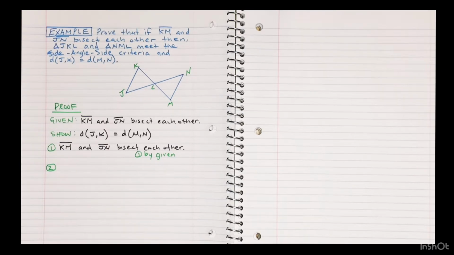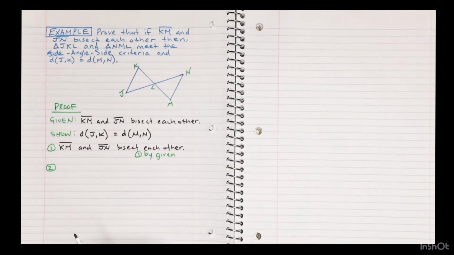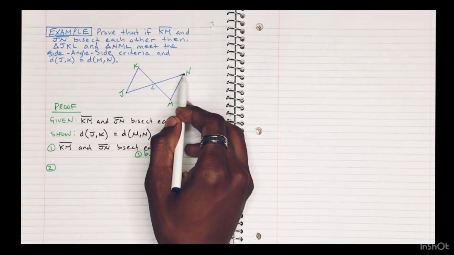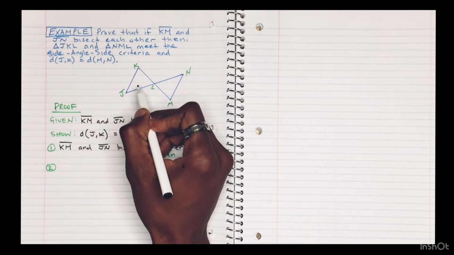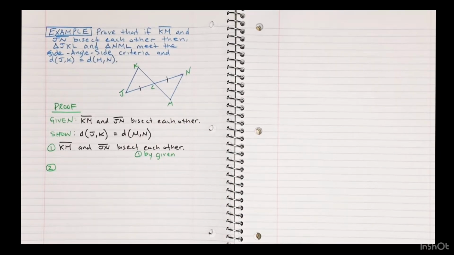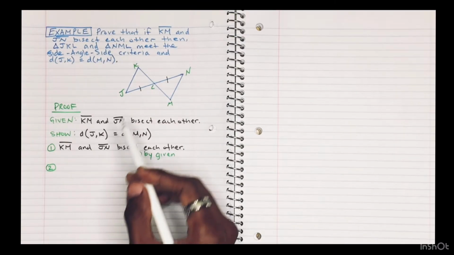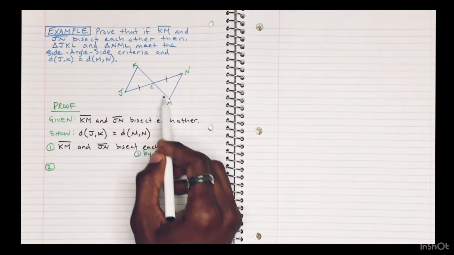So when 2 lines intersect and they bisect each other in this way, what you have is something called a midpoint, and that midpoint is L right here. So when you look at the line KM and you see that it's bisecting JN into 2 equal parts, then you can say, well, JL is equal to LN. And then this line, JN, bisects KM into two equal parts.